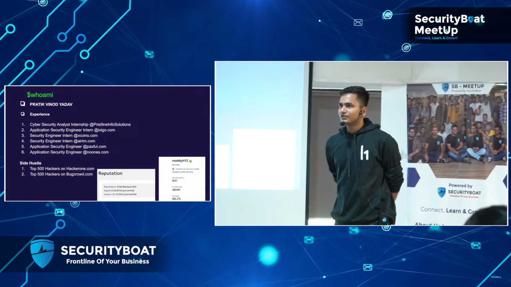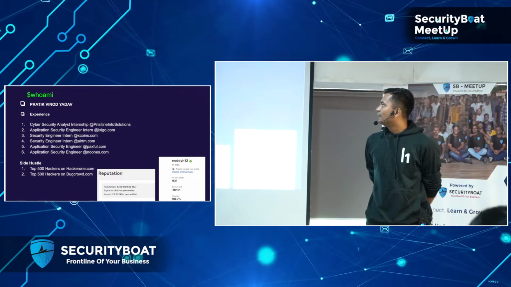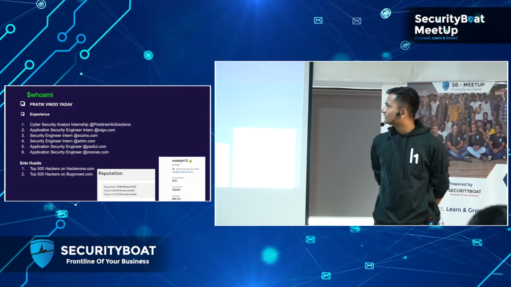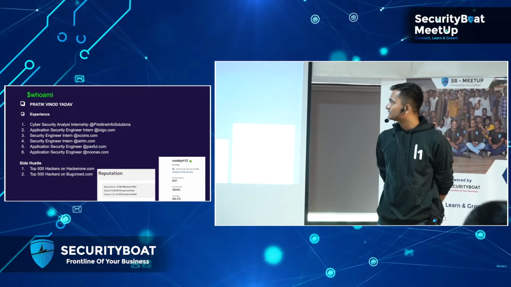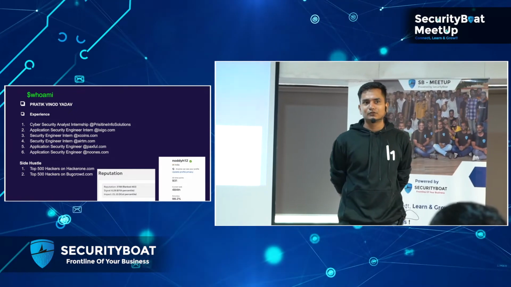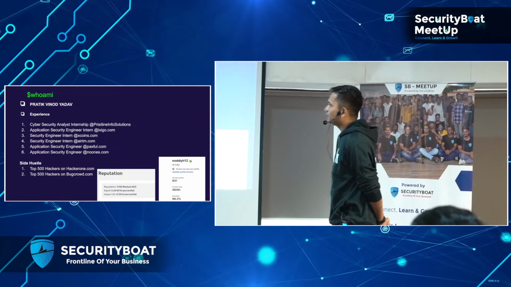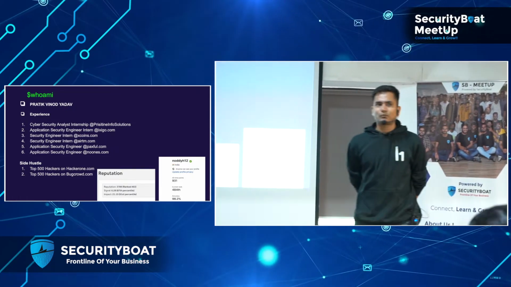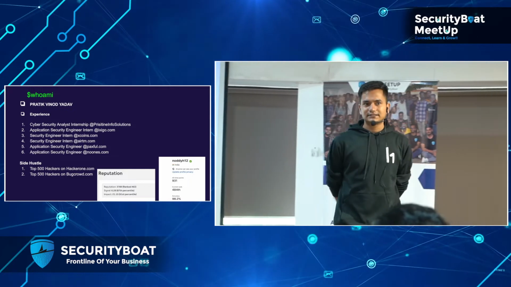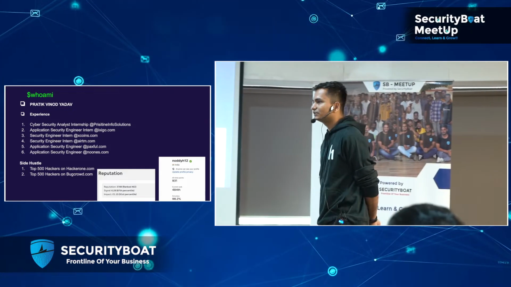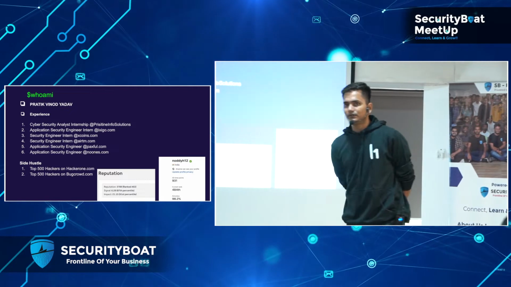My introduction: I'm Pratik Yadav, and my experience from the first to fifth year is just internships while I was completing my computer engineering. After COVID, I got an opportunity at taxful.com as a security engineer. Taxful is a crypto exchange company in Europe.